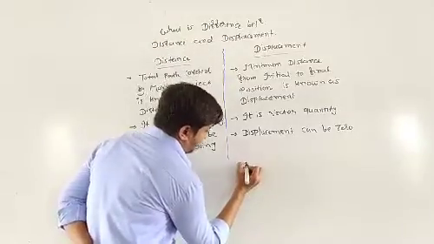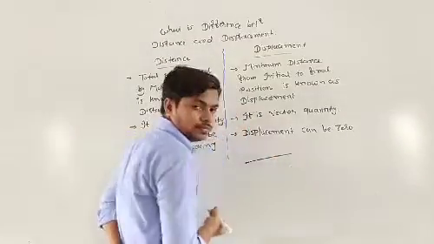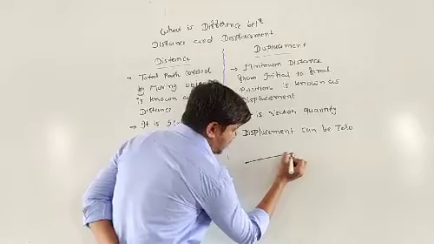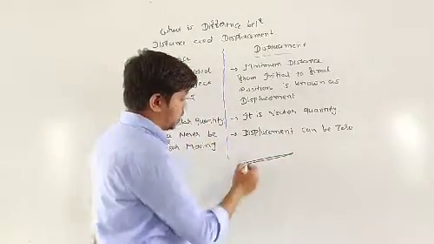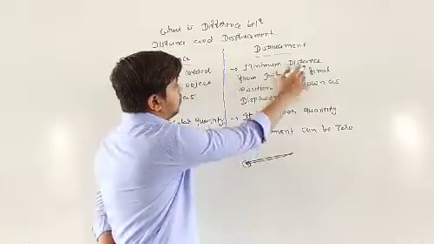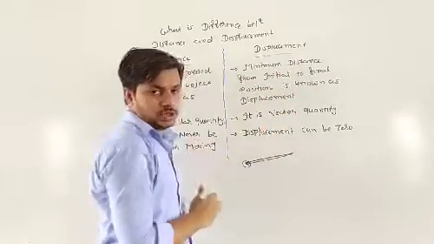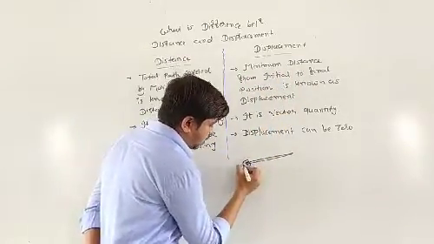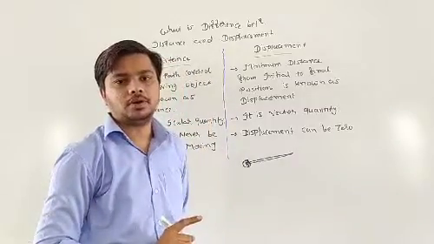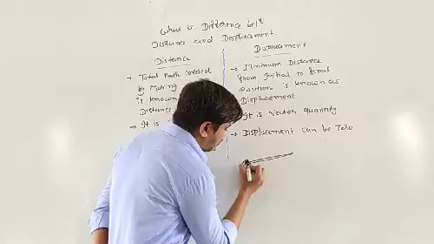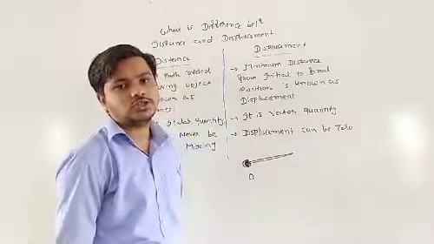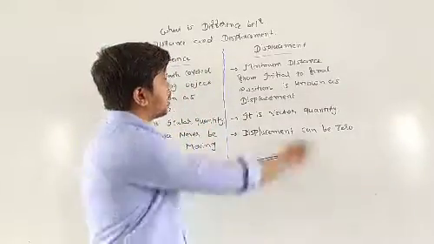If an object is moving from here to here, then it comes back on the same path to the initial position. As you know, it is the minimum distance from the initial to the final position. If the initial and the final position are both the same, only at one point, then you can say that the distance between both of them is 0. So displacement becomes 0.